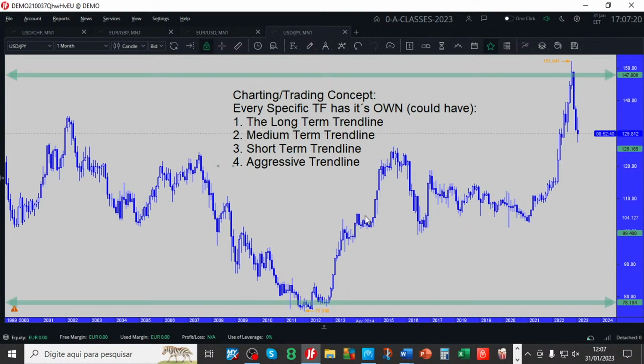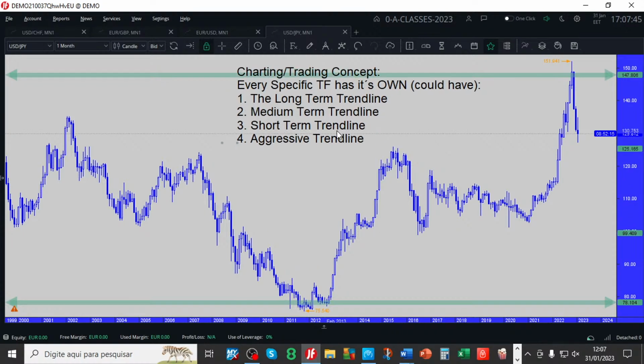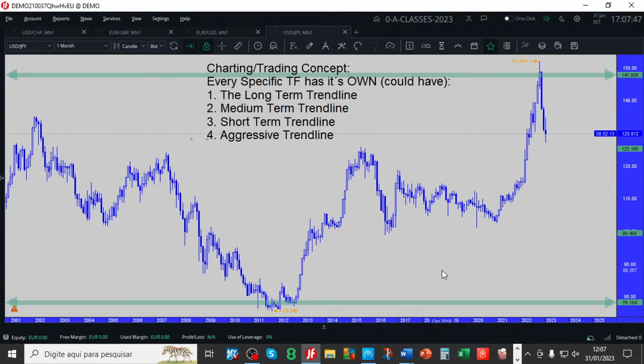Now, talking about trend lines, is USD/JPY up, meaning long, or is USD/JPY down, meaning short? USD/JPY monthly chart. Now, let's see if you've learned anything yesterday, everybody.